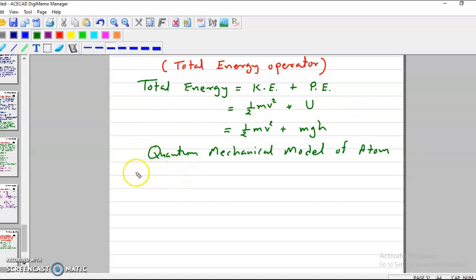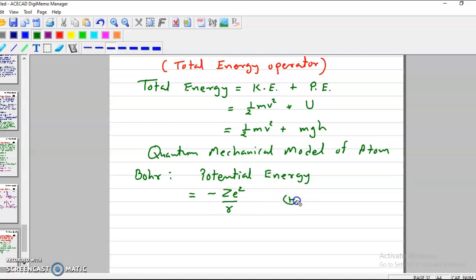Okay, so in this case Bohr explained what is potential energy for atom, and according to Bohr, potential energy of atom is equal to minus Z square upon R.